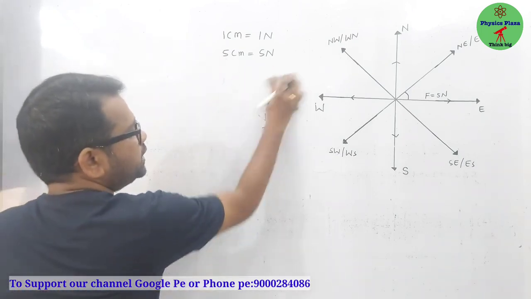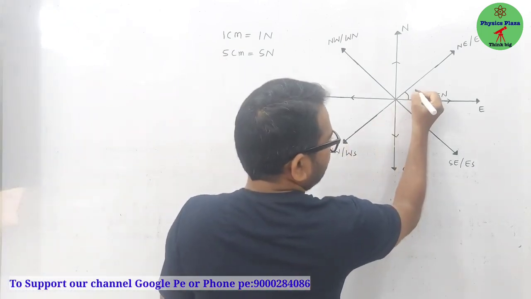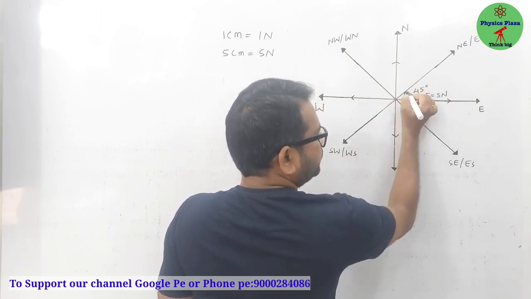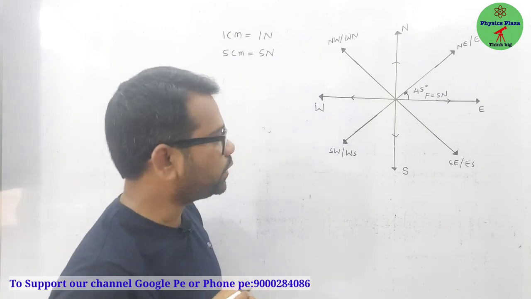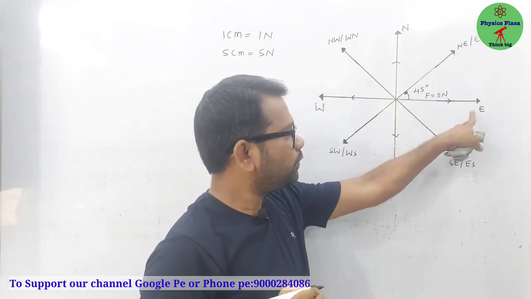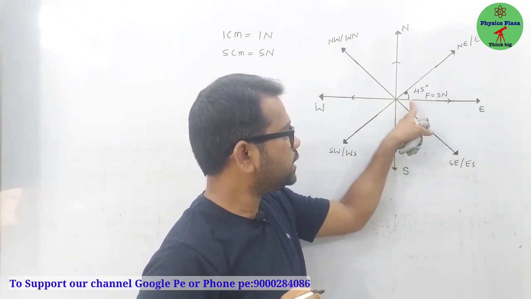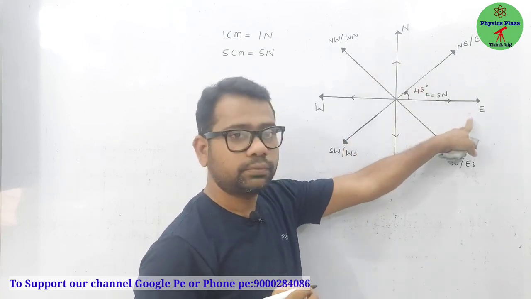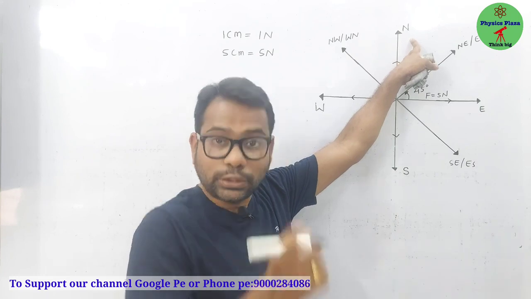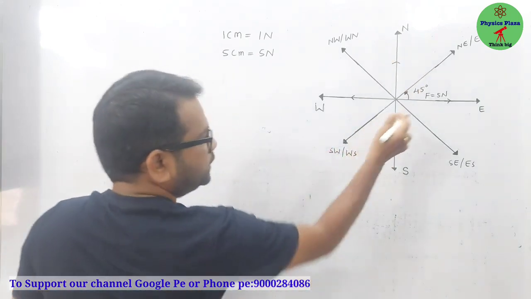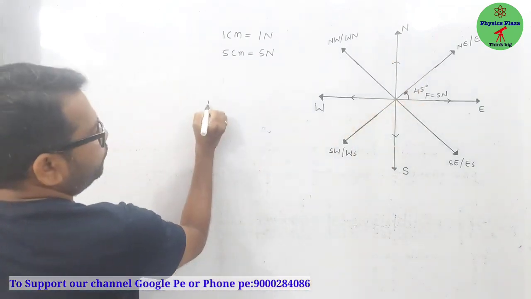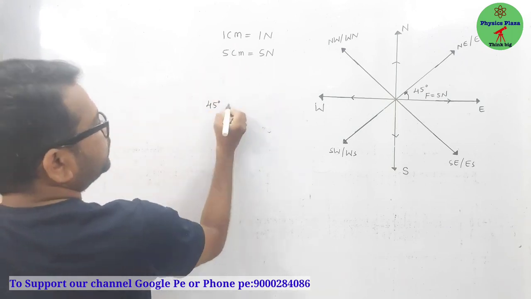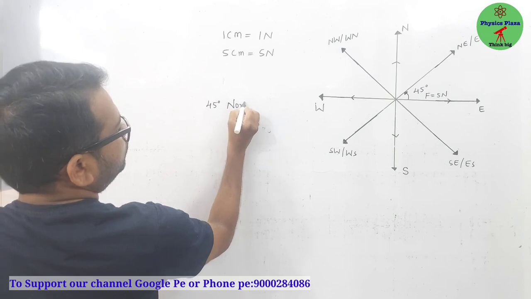So you may get a doubt, sir, it is 45 degrees, this you know very well. But if it is from like this, yes. So here you are moving from east to north. So the "to" should come first, right? So I can write this as 45 degrees north.